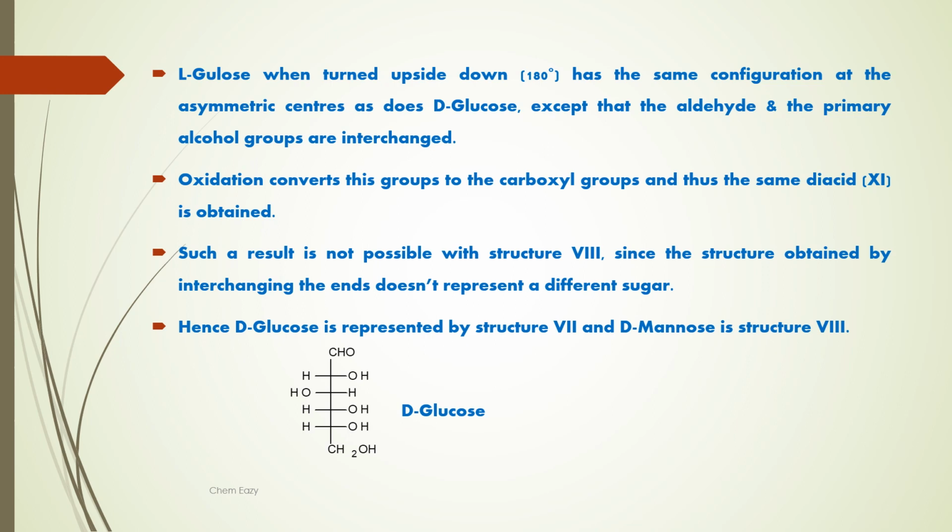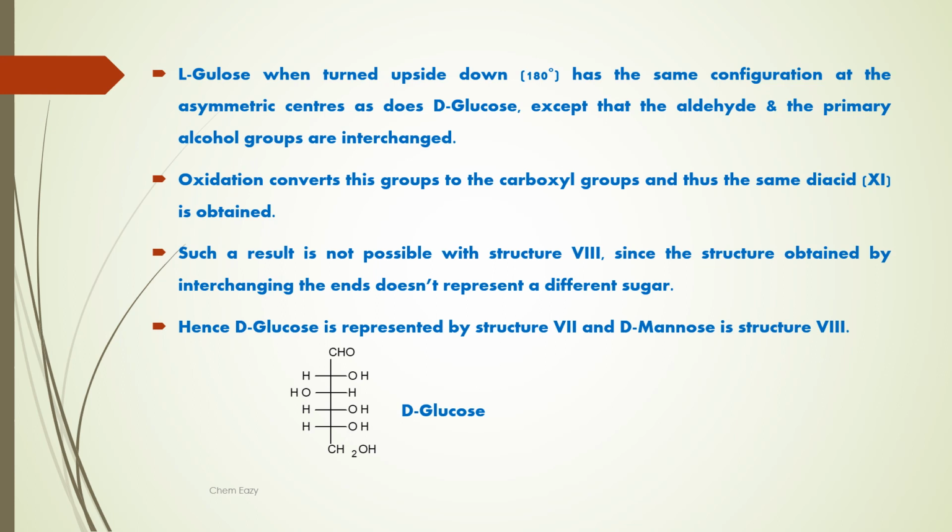Here you can see the structure of D-glucose, and clearly the configuration of hydrogen and hydroxyl groups is mentioned around 4 asymmetric carbon atoms.